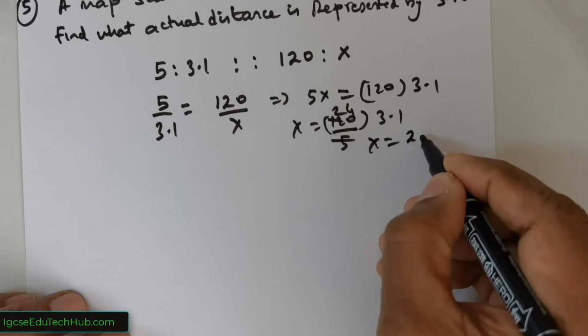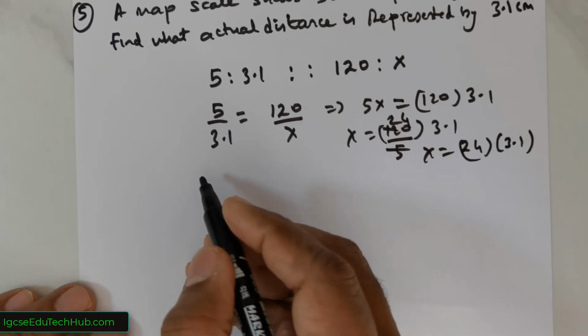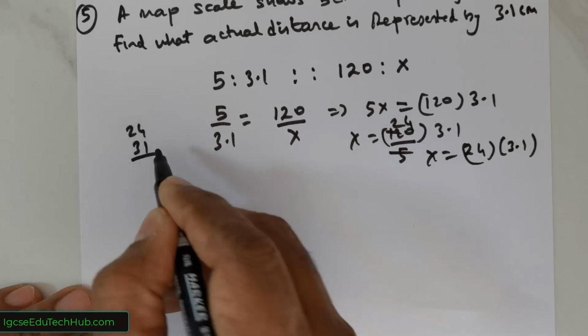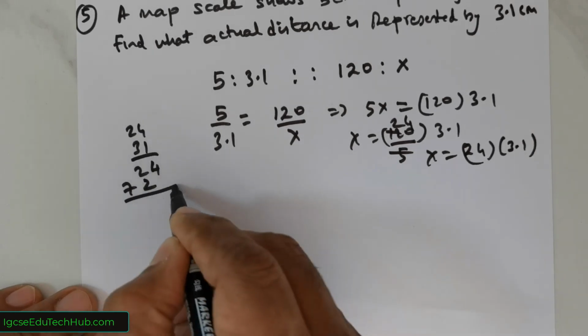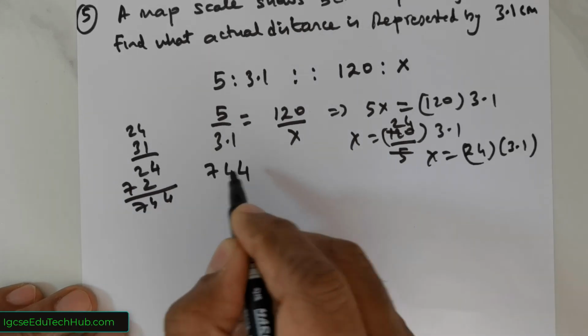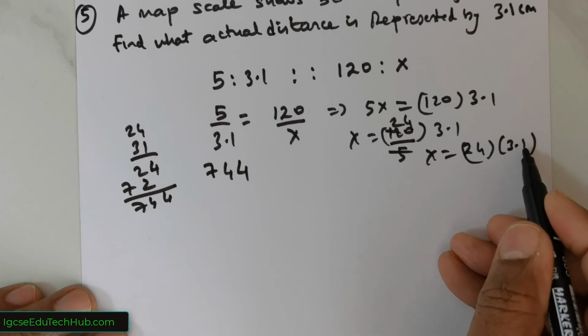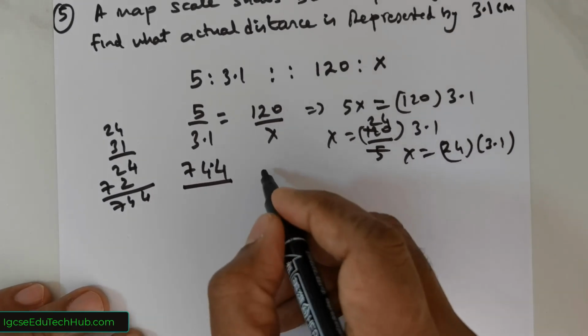So x is equal to 24 times 3.1. Now you need to multiply these two. So I have a 24, I have a 31. So 4, 2, 12, 1, 6, 7, 4, 4, 7. So you got 7, 4, 4. After one digit there is a decimal. So this is 74.4.